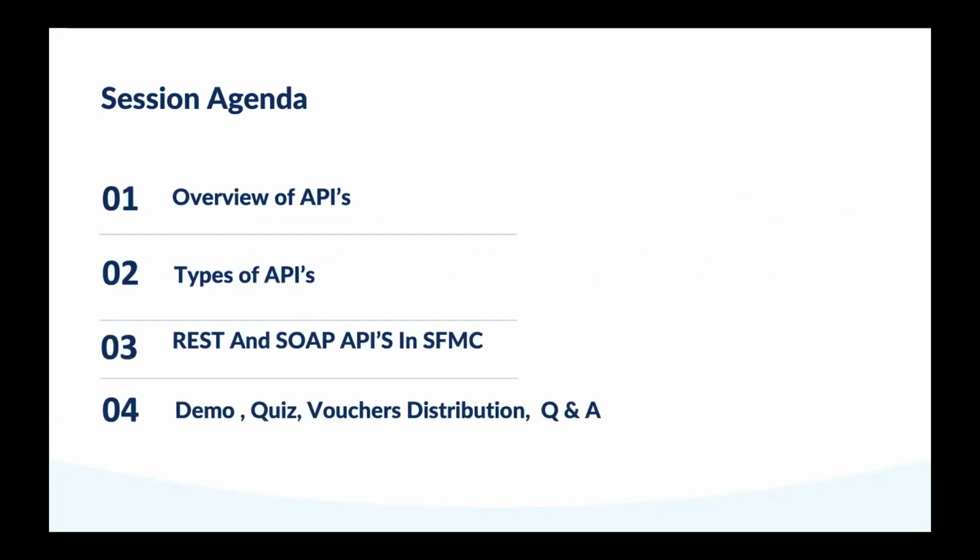And today's session agenda, we are going to cover multiple topics here. Number one, we are going through the overview of APIs and types of APIs, along with what is the REST API in Marketing Cloud, what is the SOAP API in Marketing Cloud, and what are the various use cases where you could leverage both the APIs, a kind of a demo, followed by a quiz and any questions and answers.